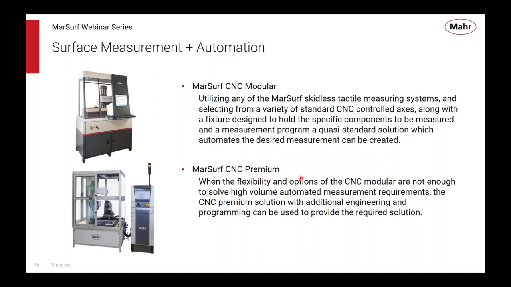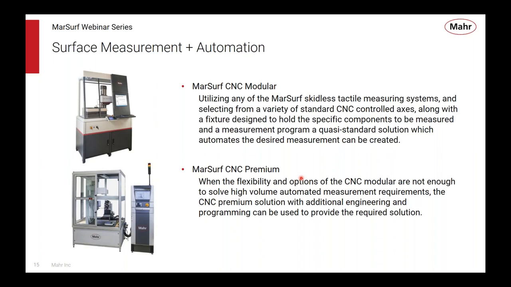Finally, we have the automation kinds of portion. I said some measurements are made in like a manufacturing type of environment. You have high volume, you're trying to measure a lot of parts and measure them as fast and automatically as possible. We have a couple of ways to do that. You can take pretty much any of those skidless systems.